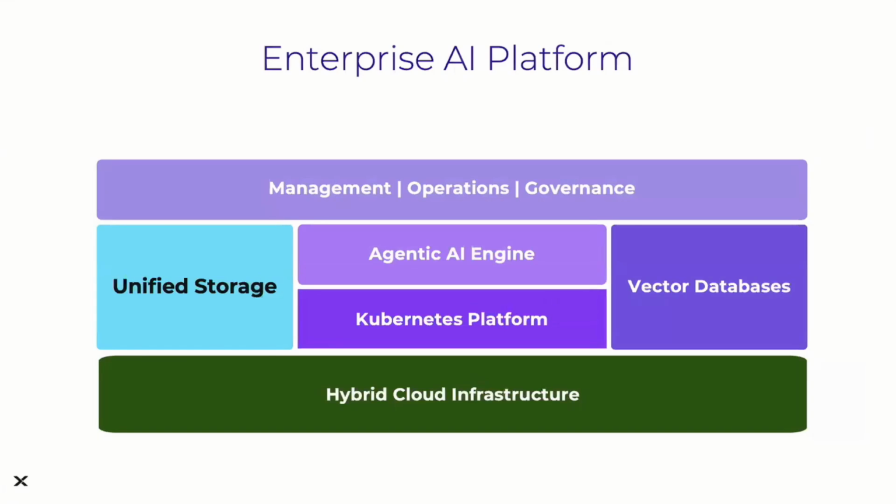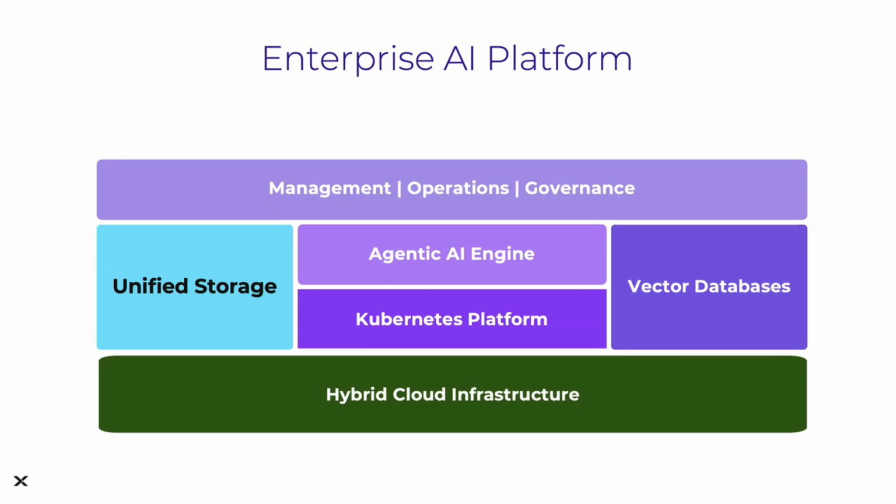So this is a turnkey enterprise AI platform that we are looking at. You have a compute infrastructure which runs either on-prem, edge, or cloud, and provides a Kubernetes platform to run your distributed compute processing engine for data cleaning and for running your applications. You have an agentic AI engine, which helps build multi-agent workloads.